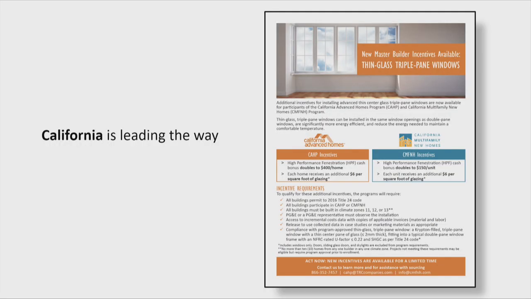They're actually offering incentives to builders right now of about $6 a square foot of window that's going in to put in these triple pane windows. So builders, plus I guess they're $400 per house. So essentially they're offering more incentive than the windows will cost them.